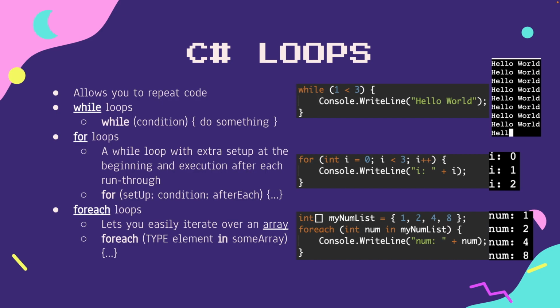So in this example here, I have my setup expression. I'm making a new variable, int i is 0. So it's an integer, and I'm setting it to 0. And then the condition is, okay, is i less than 3? Well, 0 at first. 0 is less than 3, that's true. So it's going to print out i is, and then the value of i. So i is 0.